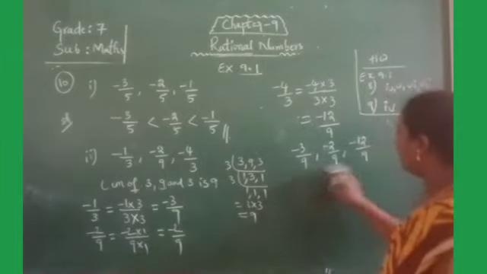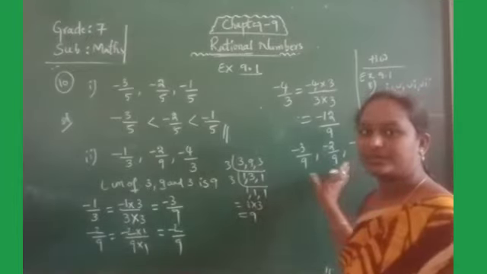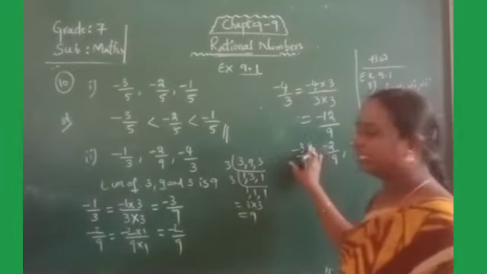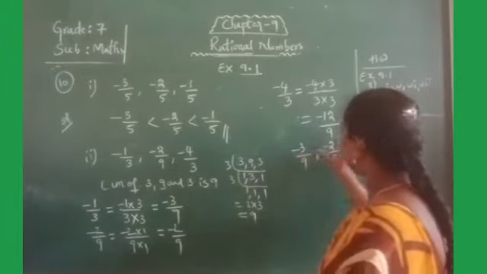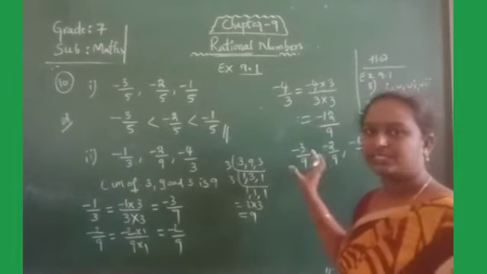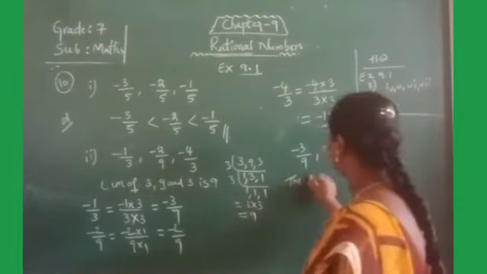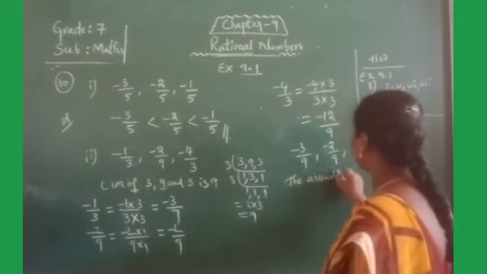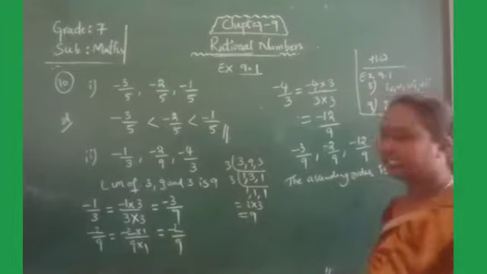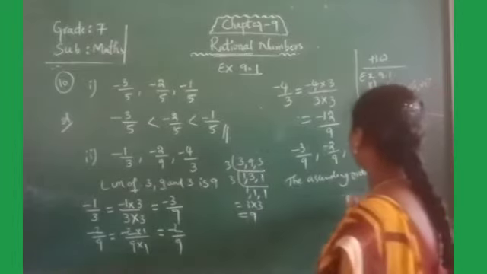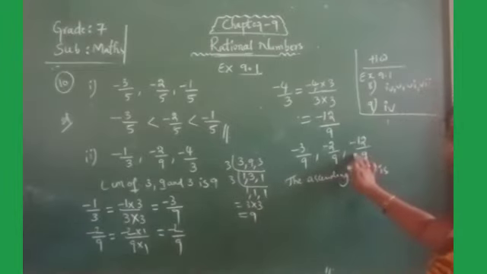Okay. So now all the rational numbers have the same denominator, we have to consider only the numerator. Which one is greater and which one is smaller? Here we have to write the ascending order. Ascending order means smaller to bigger. Which rational number is smaller here?